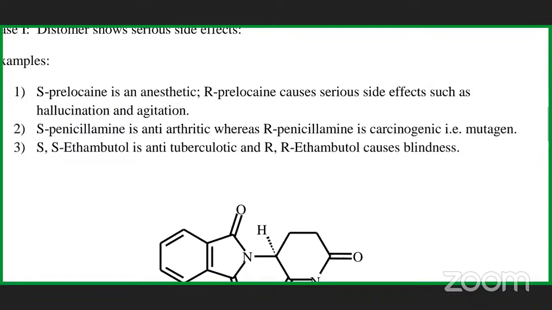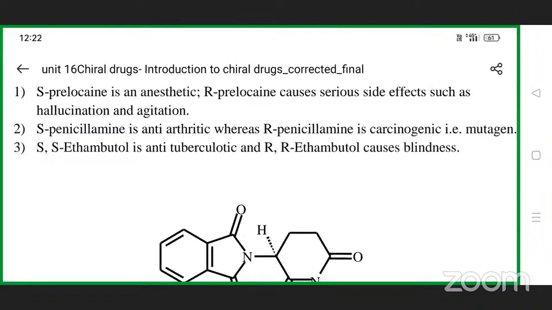But when one isomer is showing serious side effects, then definitely you have to separate the isomers. That process is called resolution, where the separation of isomers is called resolution. So you have to resolve the isomers, right?